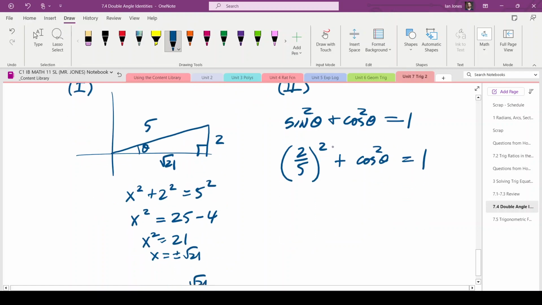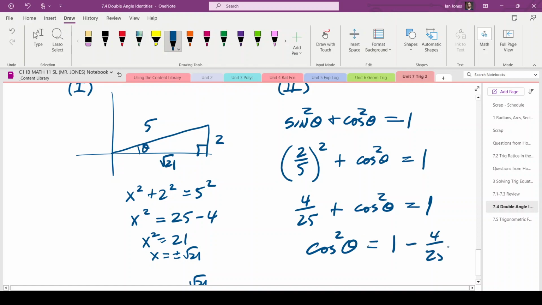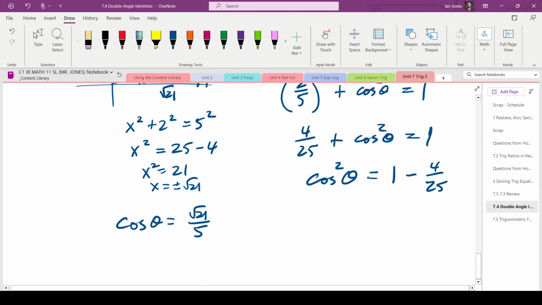Well, let's multiply out here. We get 4 over 25 plus cos theta squared equals 1. Subtract 4 25ths on both sides. We get cos theta squared equals 1 minus 4 25ths. 1 is 25 25ths, so that's 25 25ths minus 4 25ths, that's 21 25ths.